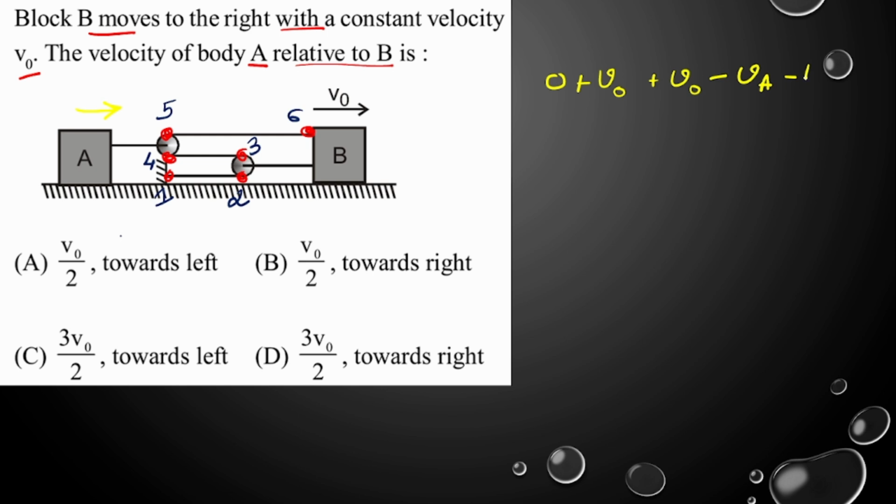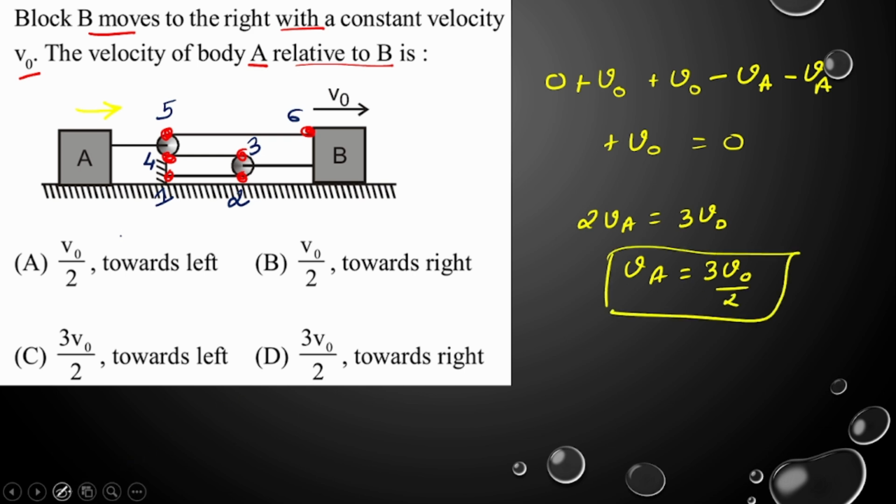Point number 5 minus va. Point number 6 plus v naught. Summation of all of this is 0, so we have 2 va equals 3 v naught. So va is equal to 3 v naught by 2.